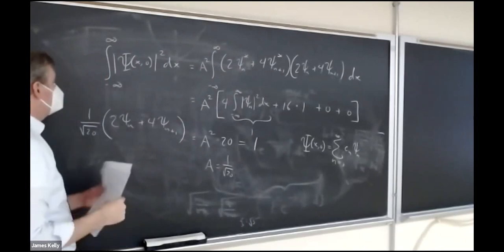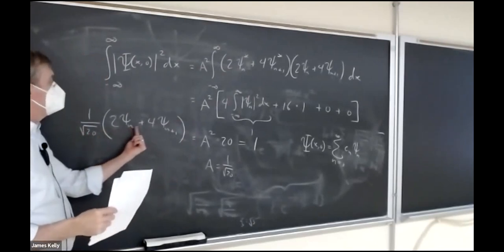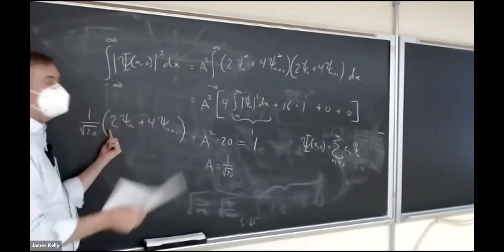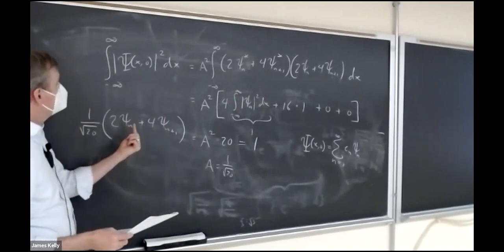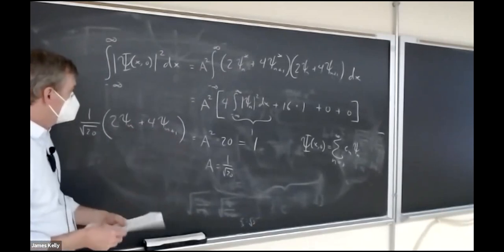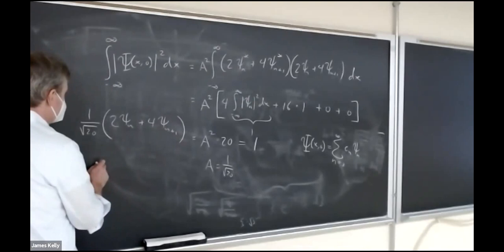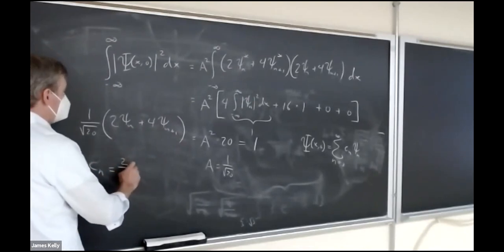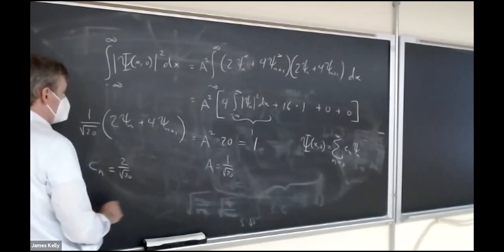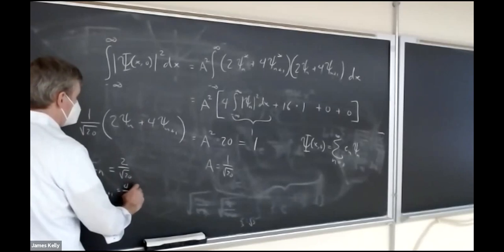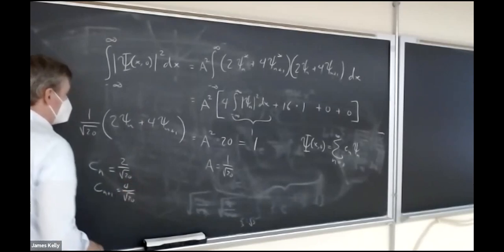I'm thinking of that as an infinite series, except only 2 terms have non-zero coefficients. So all the Cn's are 0, except Cn and Cn plus 1 for whatever n is. So Cn is 2 over root 20, and Cn plus 1 is 4 over root 20.